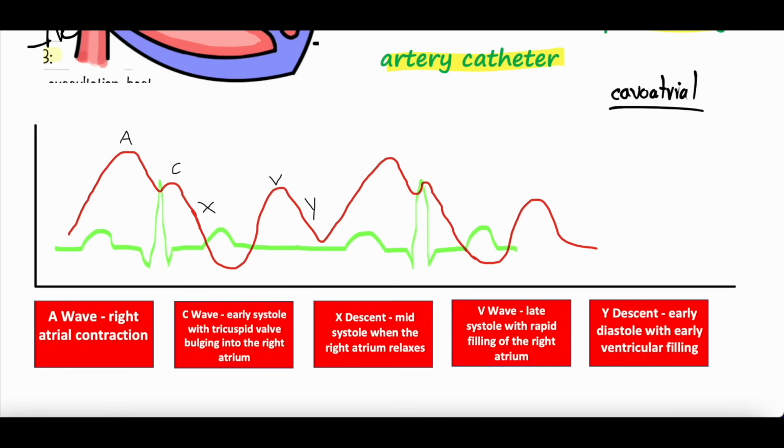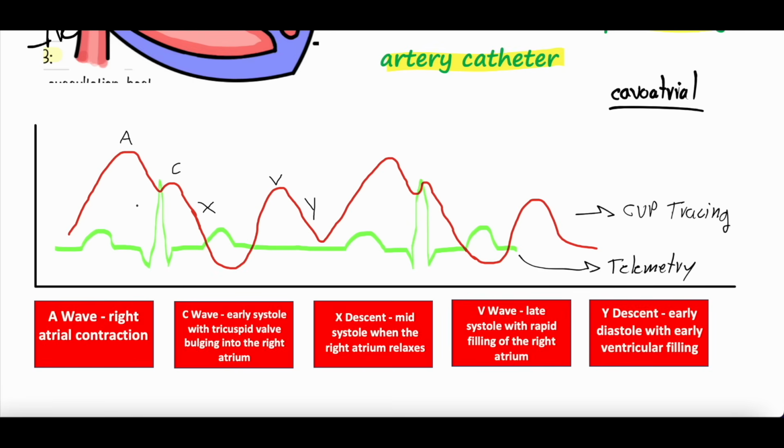And the pressure that it is experiencing is going to be a product of the cardiac cycle. This red line is going to be the CVP tracing, or CVP waveform, whereas the green line is actually the electrical cardiac telemetry tracing, right? So I want you to just focus on the red line for now.